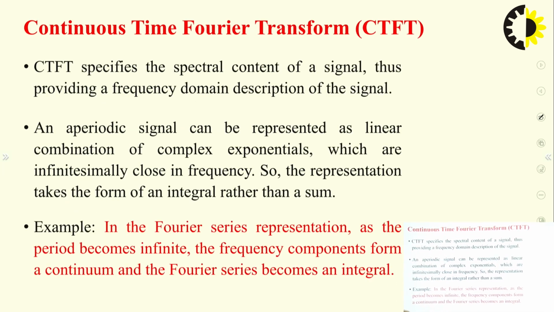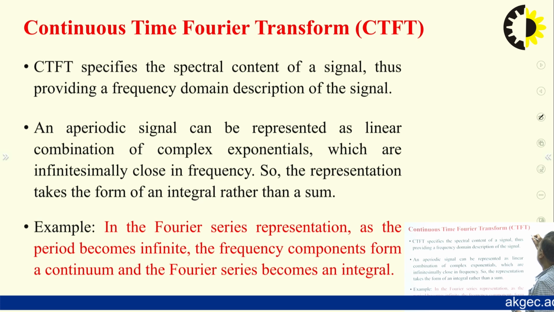Continuous time Fourier transform, or CTFT, specifies the spectral content of a signal, thus providing a frequency domain description of the signal. In CTFT, the signal that we take is a continuous time signal, let us suppose x(t). The condition is that it must be continuous and aperiodic.